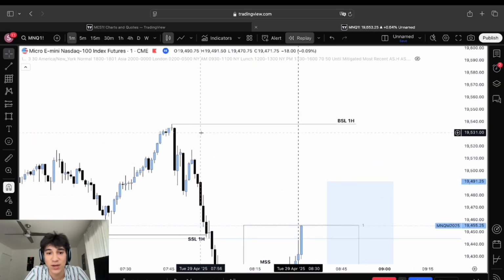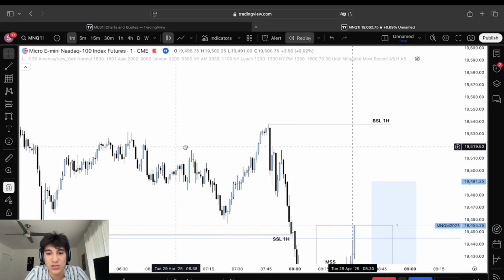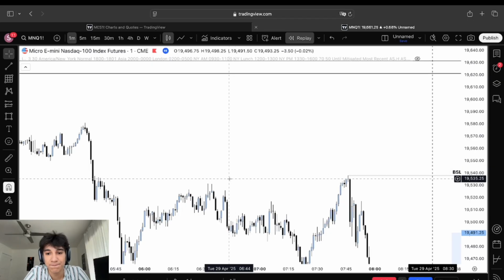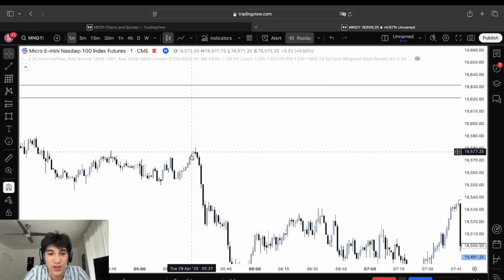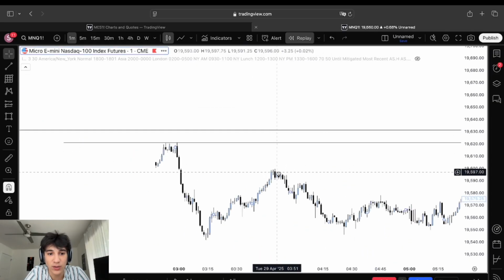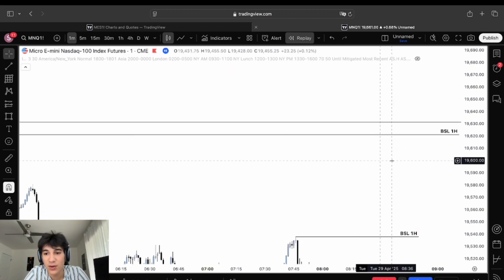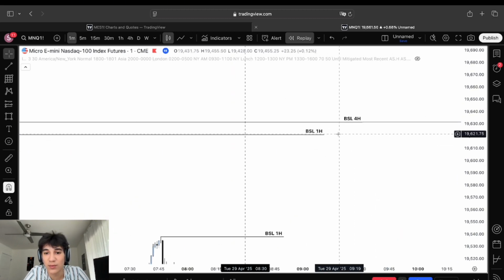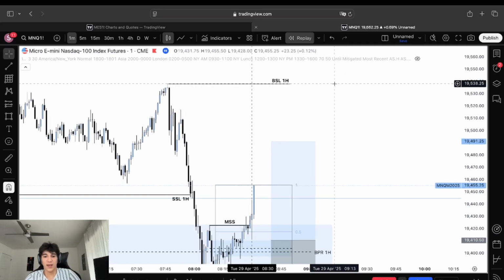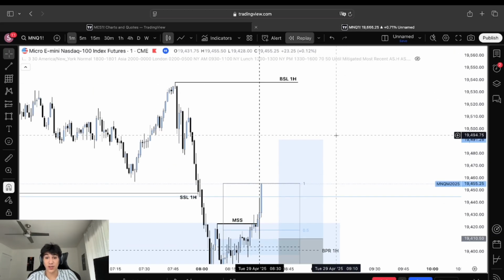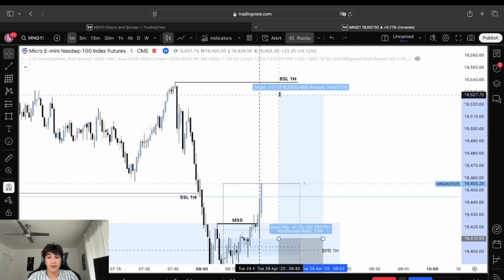And then we have this 1 hour liquidity right here, which is a solid draw. More liquidity right here, more liquidity right here, and then right above here is a 1 hour buy side, and then that 4 hour buy side from earlier. And so now that's pretty much all I'm doing, is I'm waiting.